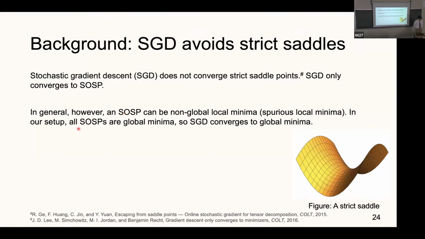Now, in general, second order stationary points may be very bad because you could have a very bad local minimum. Yes, in principle, with a saddle, it would be possible to get very, very close because maybe the negative part of the eigenvalue is small, so it could take a long time before it escapes. Yes, and that might be something that happens in practice for computation. Are there any assurances? We'll get to that.